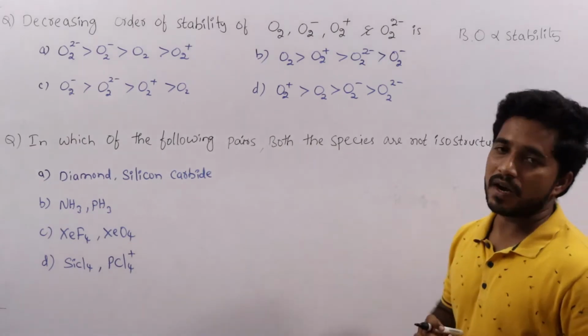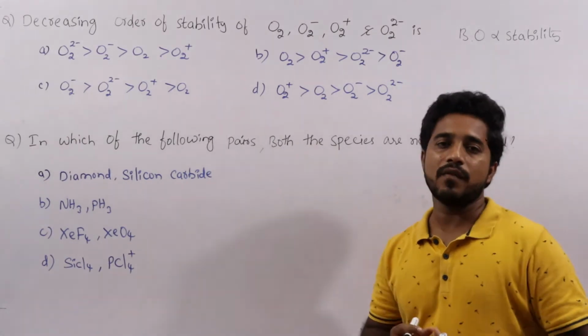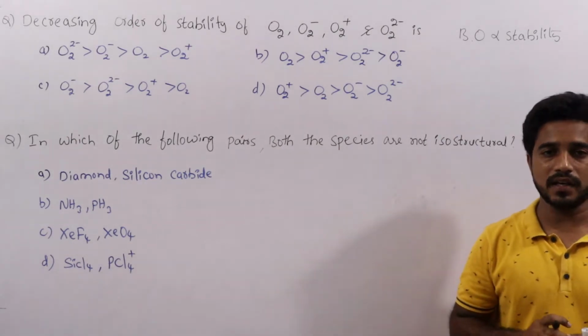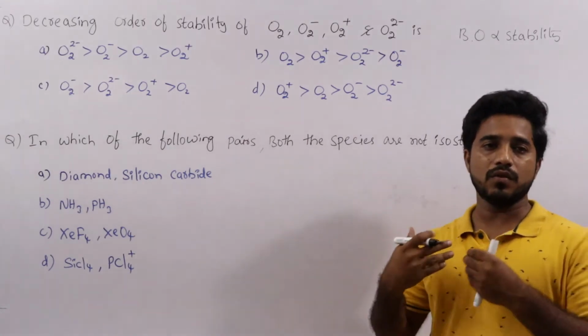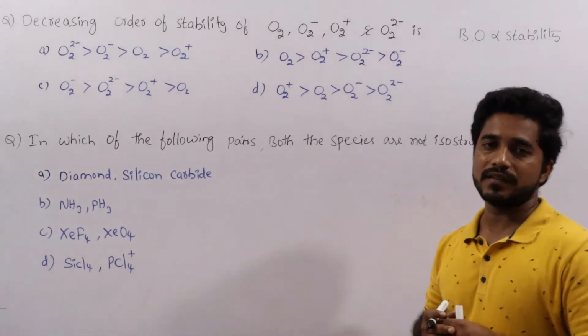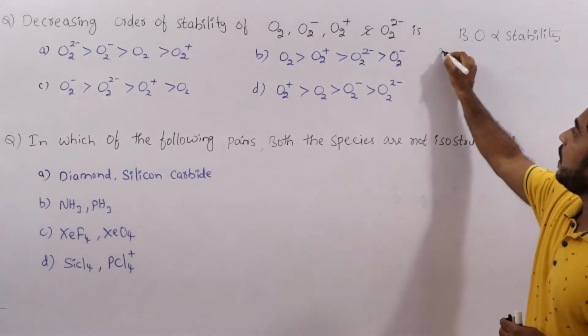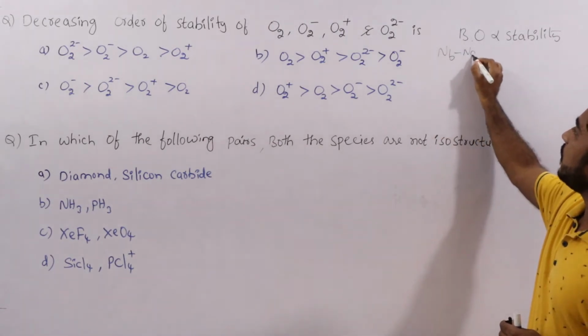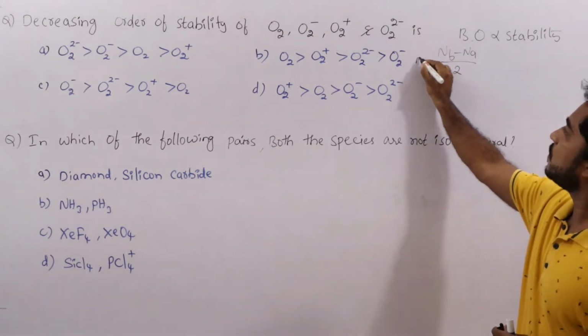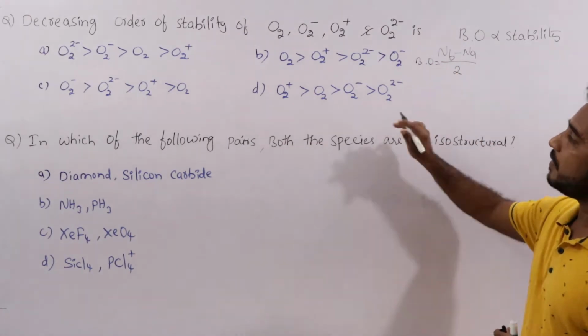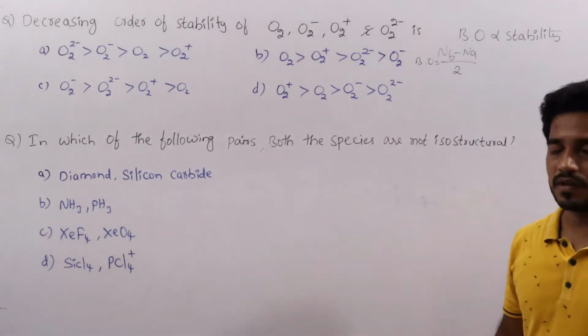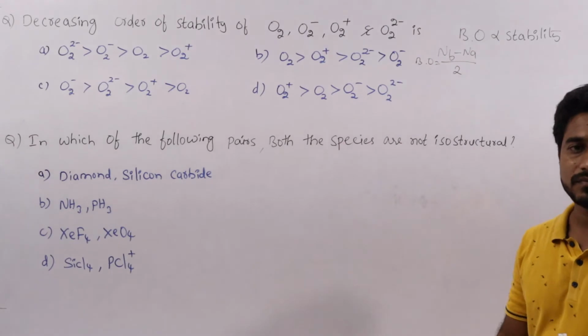According to MOT, molecular orbital theory, we use the formula Nb minus Na by 2. This will give the bond order of diatomic molecules or diatomic ions.